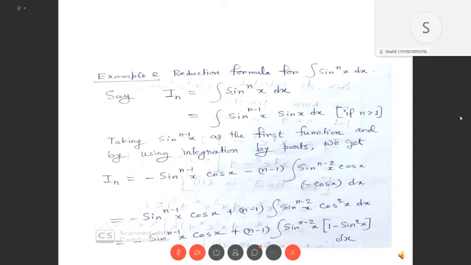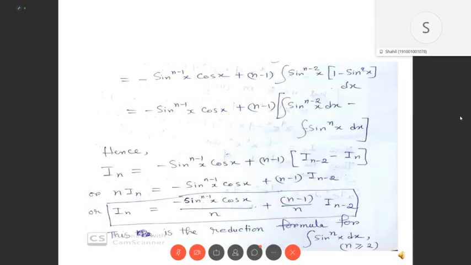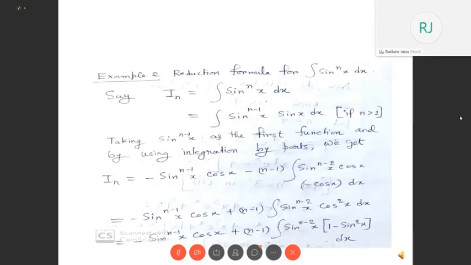For n equals 2, you can also use sine square x by taking half of 2 into sine square x, then put the formula, no problem. But for 3, 4, 5 or 6, maybe even higher, it will create some problem to calculate directly for this In.